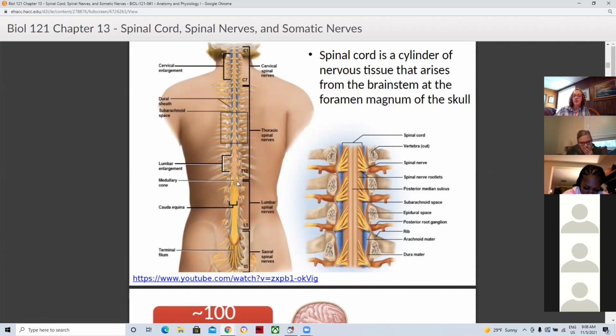This is because the vertebrae continue to grow and extend while the spinal cord stops. That's why the vertebral column is much longer than the spinal cord.